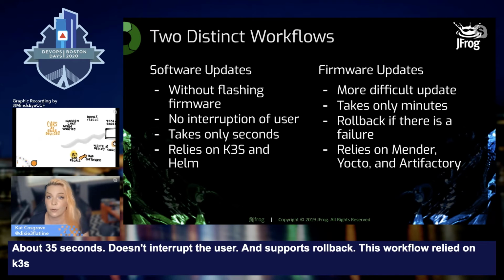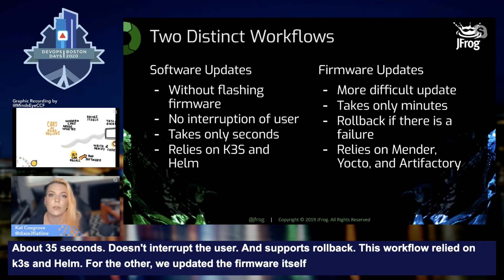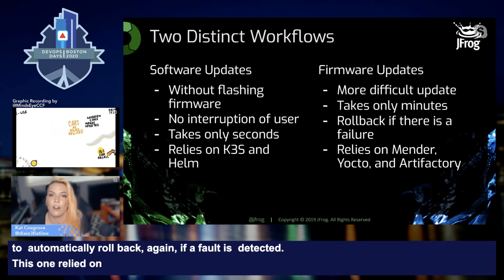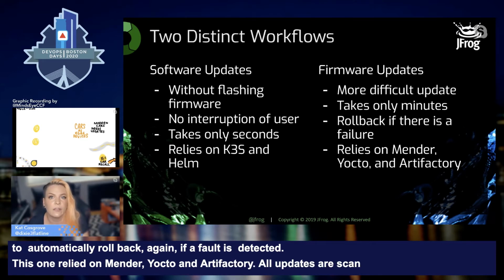For the other, we updated the firmware itself in just a few minutes with the ability to automatically roll back again if a fault is detected. This one relied on Mender, Yocto, and Artifactory. All updates are scanned for vulnerabilities, and everything is triggered automatically through a CI pipeline.